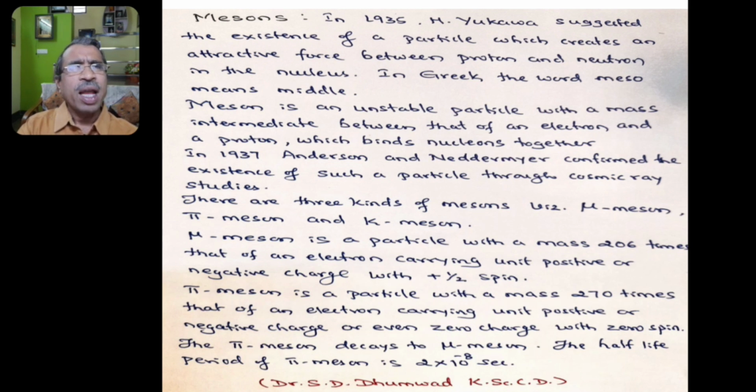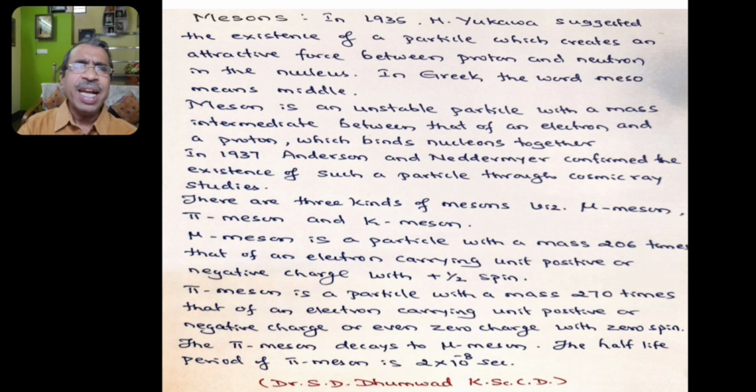Meson is an unstable particle with a mass intermediate between that of an electron and a proton, which binds nucleons together. In 1937, Anderson and Neddermeyer confirmed the existence of such a particle through cosmic ray studies.